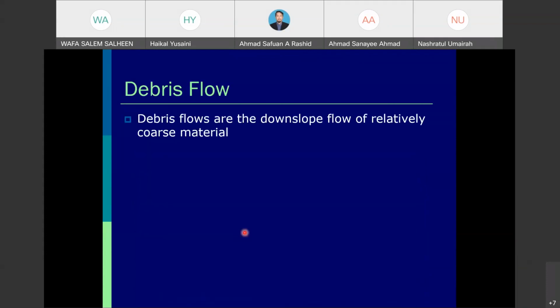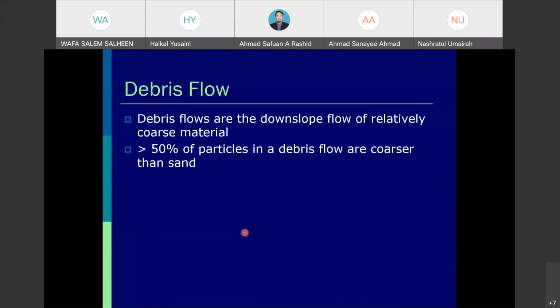While debris flows are the downslope flow of relatively coarse material, 50% of the particles in a debris flow are coarser than sand, which means that it's very heavy. In some parts they can bring along a big boulder.